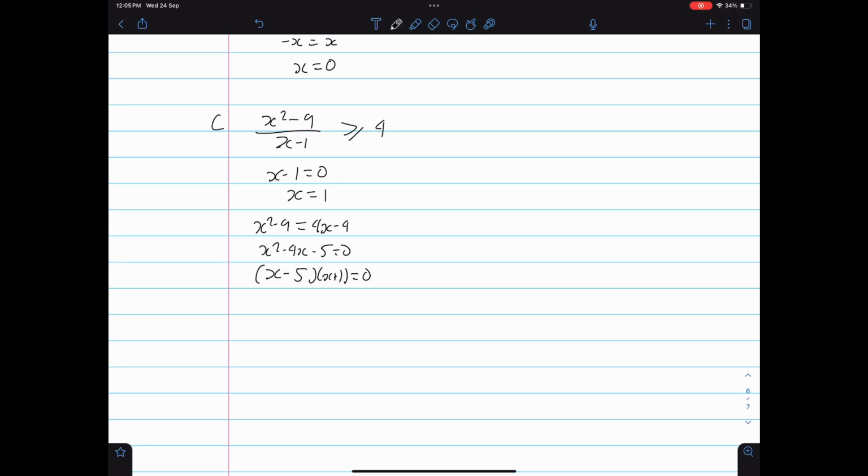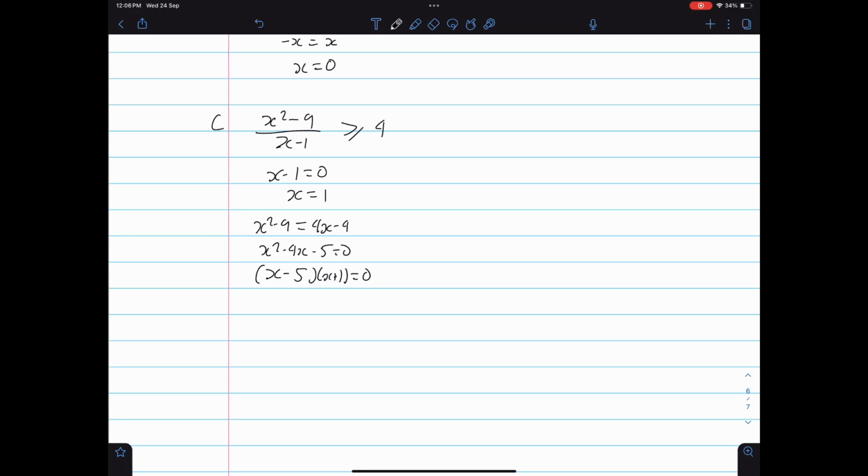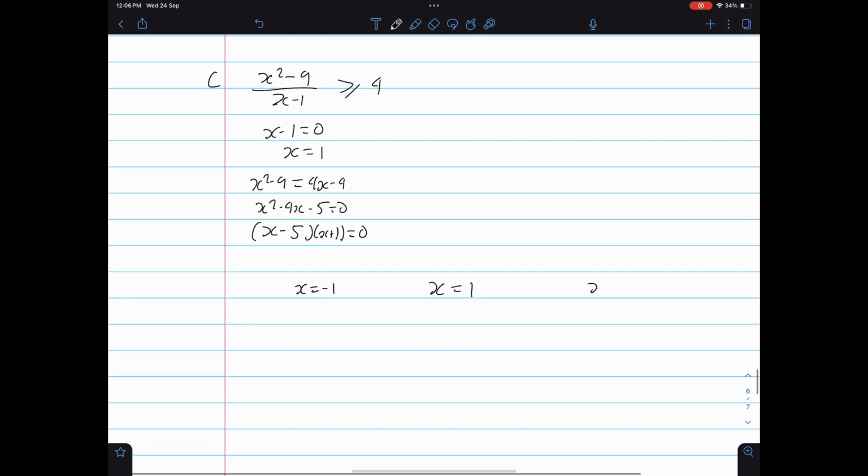Oh, and we have two solutions here. So we have several important points: x equals 1, x equals minus 1, and x equals 5.